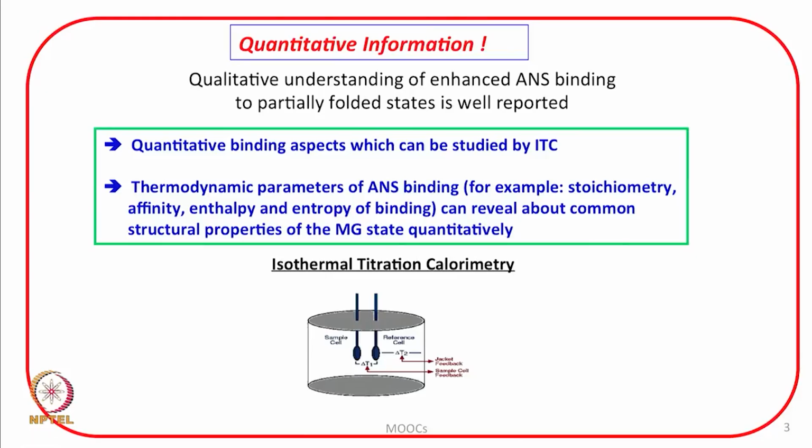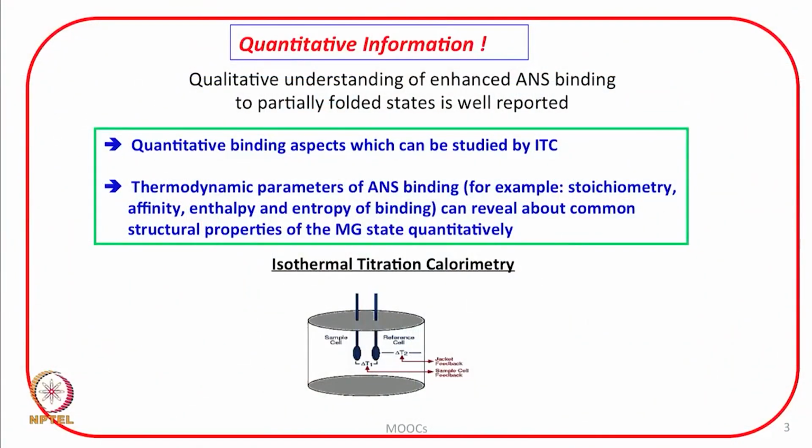That is, the question is, the molten globule states obtained from different proteins, do these states show similar binding characteristics? Because that can then give information whether they share common structural features or not. Isothermal titration calorimetry can provide an answer to such questions.